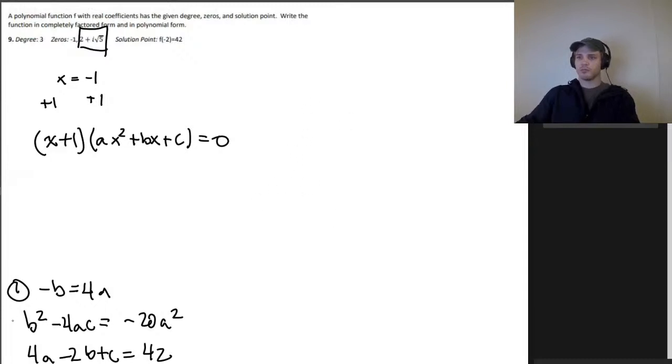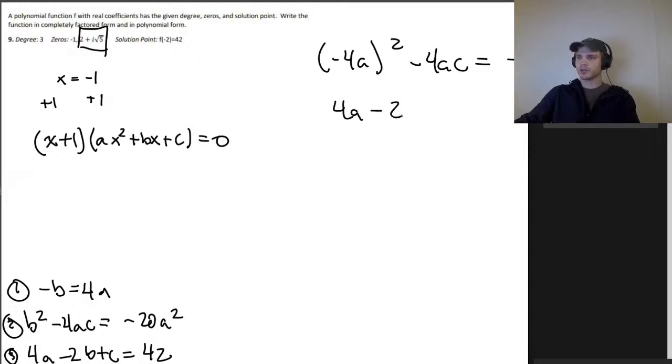So from the second equation, we get -4a squared plus 4ac equals -20a squared. And then from the third equation, we're going to get a minus 2 times -4a plus c equals 42.